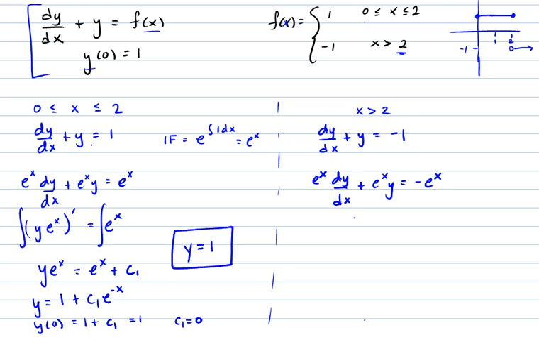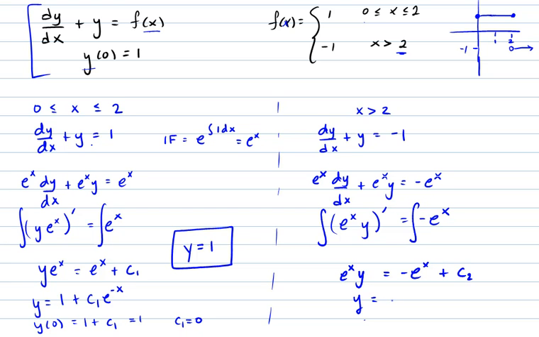Like so. And again, on the left-hand side, I have e to the x y prime equals minus e to the x. Integrating both sides now gives me e to the x y is equal to minus e to the x plus c. That's another constant, so I'll call it c2.